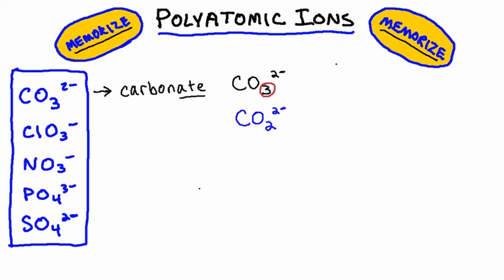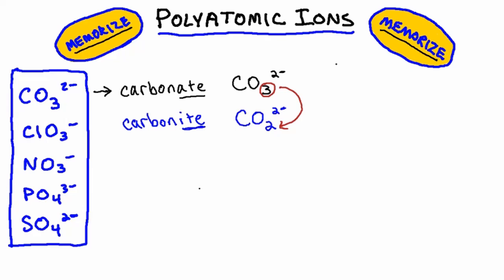That's going to be 1 less oxygen than the carbonate. So 1 less oxygen than the carbonate is going to be called carbonite.